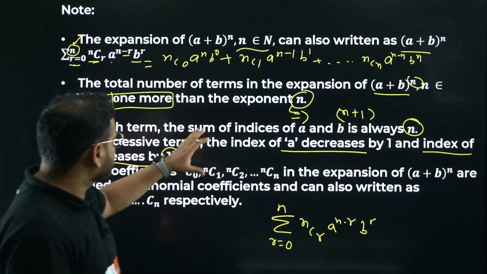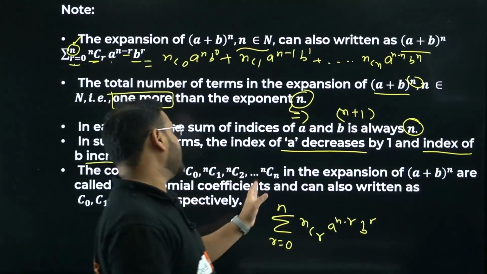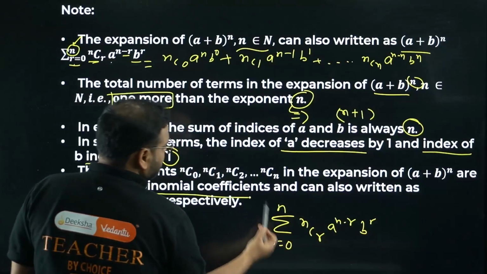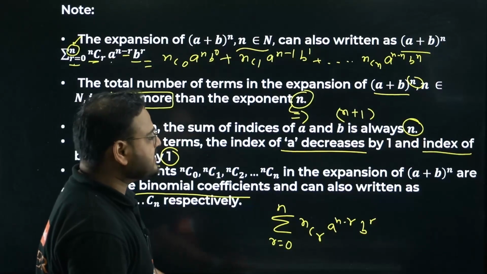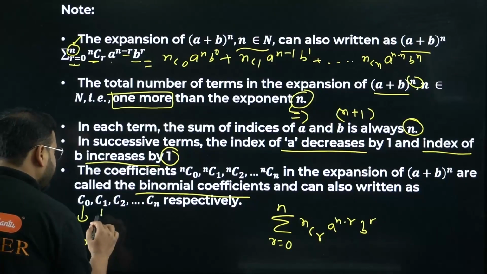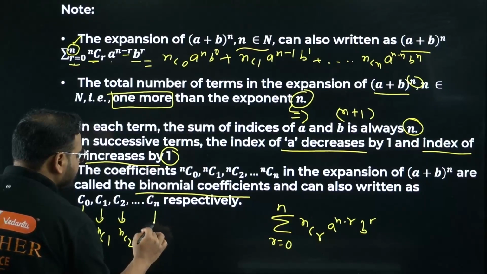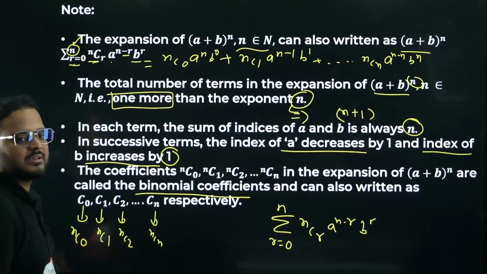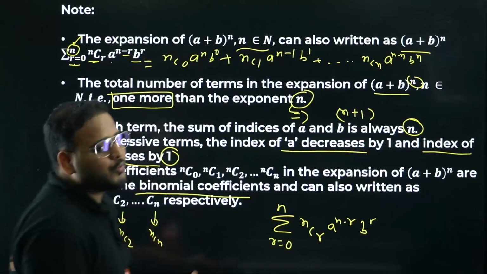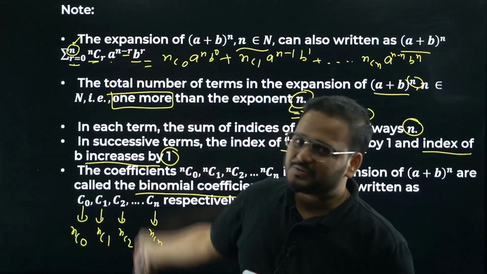The coefficients nC0, nC1, nC2 in the expansion of (a + b)^n are called the binomial coefficients, and can also be written as C0, meaning nC0, C1 meaning nC1, C2 meaning nC2, and Cn meaning nCn. All of you agree? That's why I said these things will help you revise and memorize the formula easily. That's why I've taken these notes.